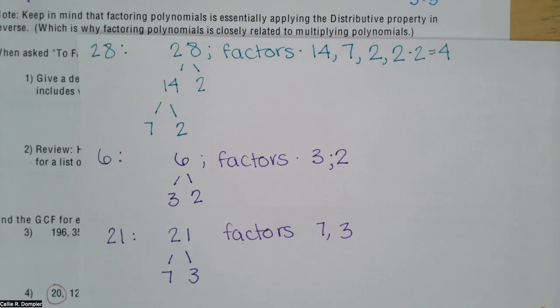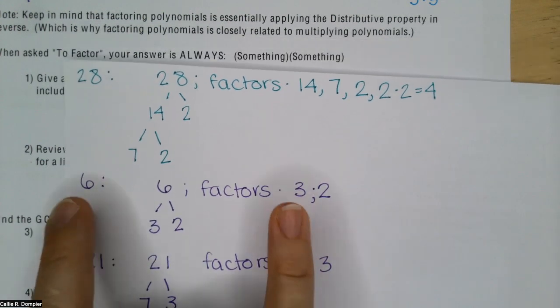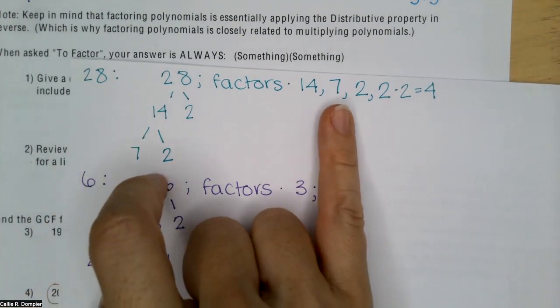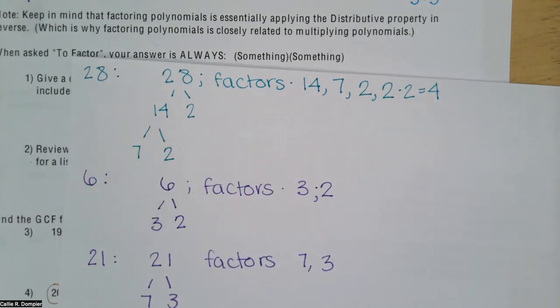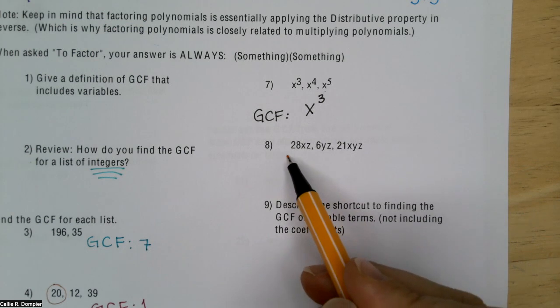Good. Is there anything common to all 3 of them? 21 has 7 and 3, 6 has 3 and 2, 28 has 14, 7, 2, and 4. There is no common number.